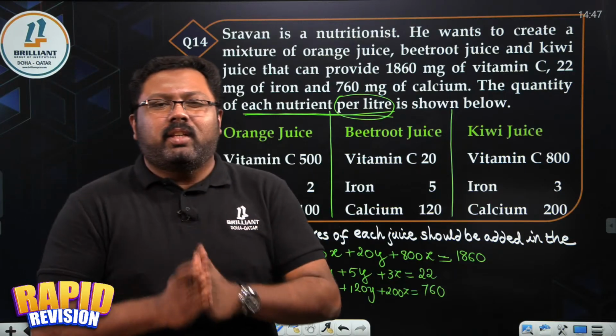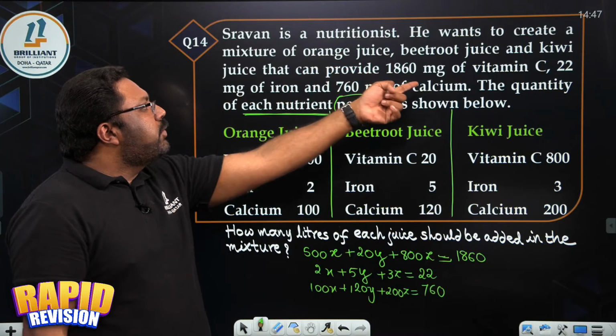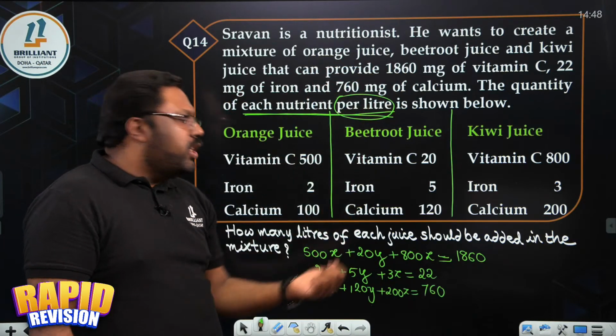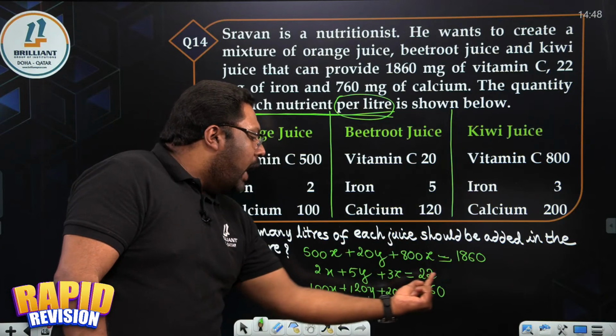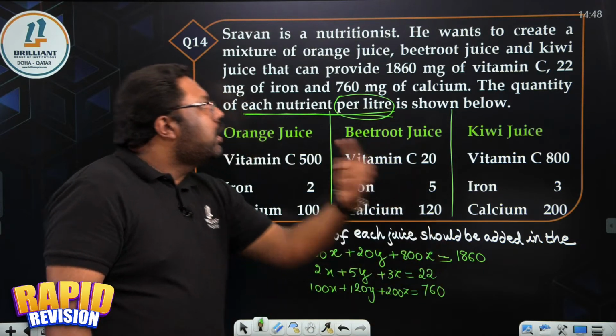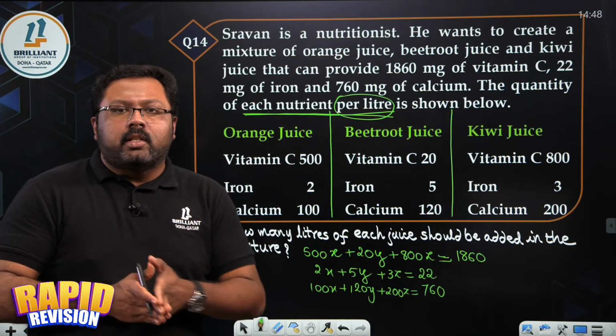Okay, so I just used again the numbers with x, y, z. I know the total quantities for vitamin C, iron and calcium. So I form the equation with respect to vitamin C, equation with respect to iron, equation with respect to calcium. That's it. I think everybody is clear with this chapter.